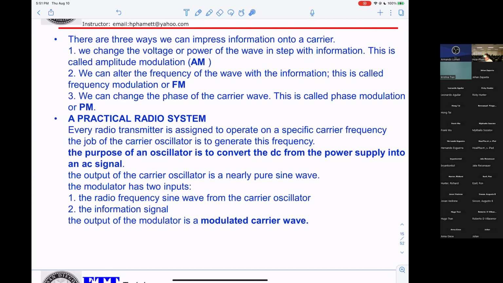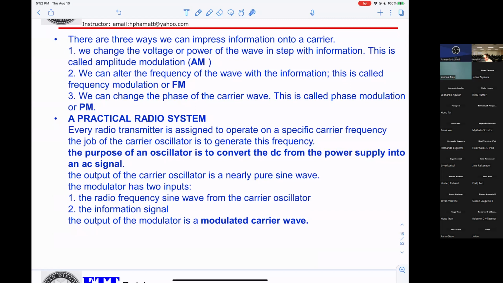Okay, practical radio system. Every radio transmitter is assigned to operate on a specific carrier frequency. The job of the carrier oscillator is to generate this frequency.